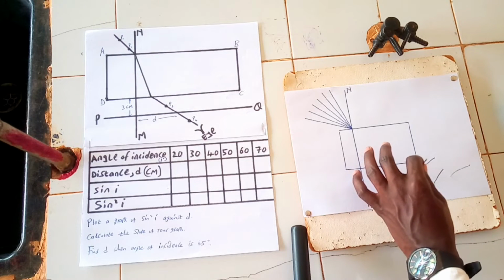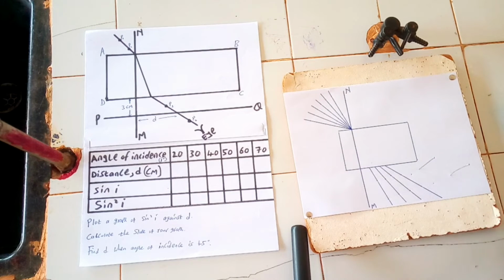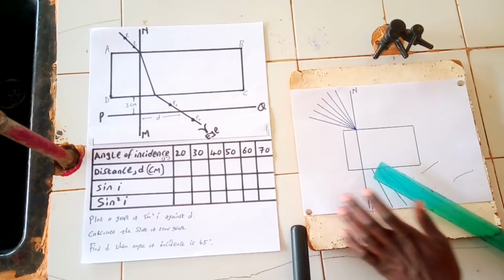Those 2 pins, these other 2 pins again, you can see the pattern is appearing already.